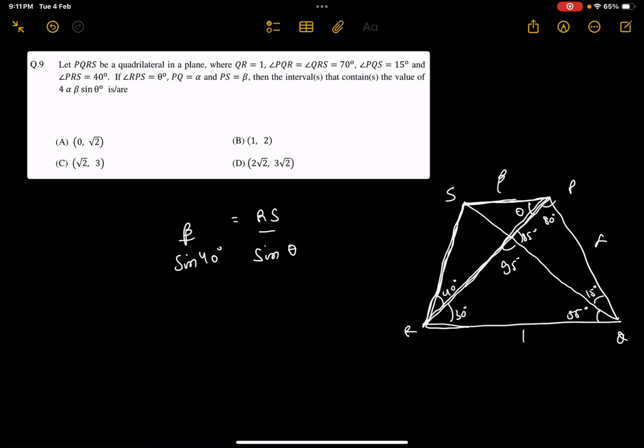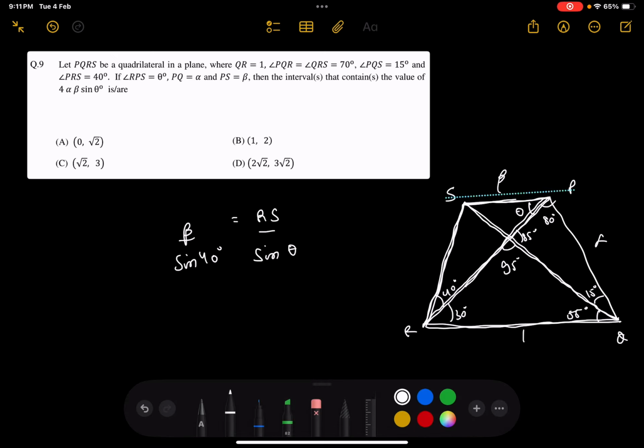Then by this triangle, we have QR, that is 1 upon sine, this angle is also 55 degrees, equals to RS upon sine 55 degree.